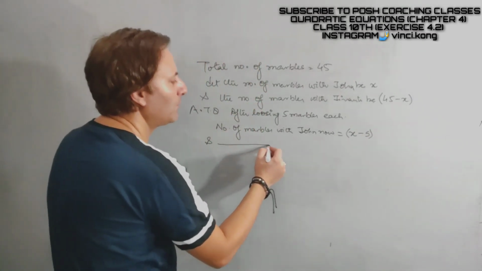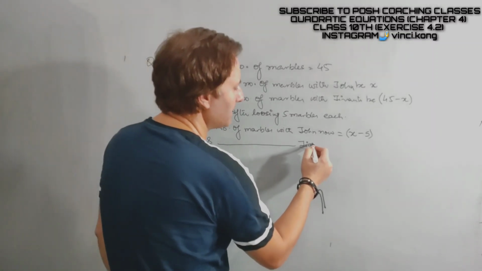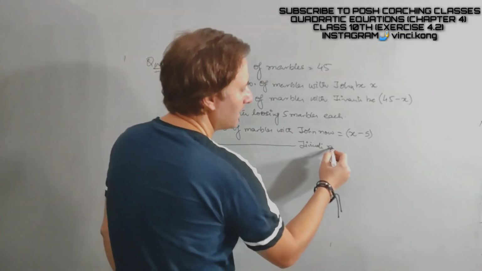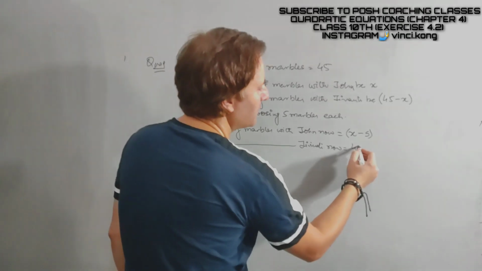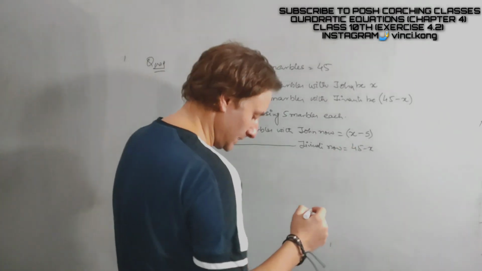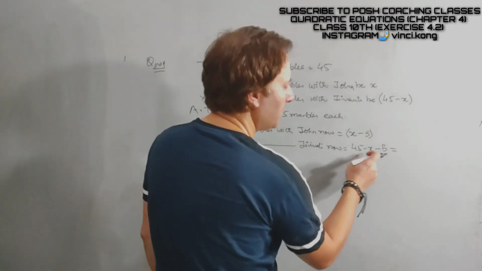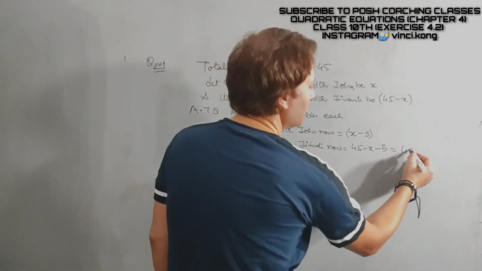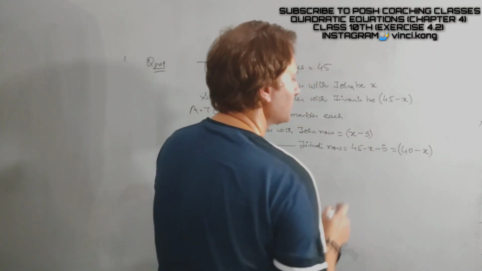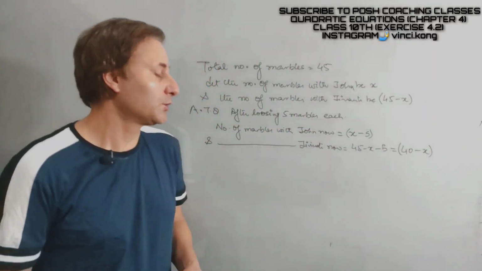And the number of marbles with Giovanni now: she had 45 minus X marbles, and she also lost 5 marbles. Now what do we have? 45 minus 5 is 40 minus X. So these are the expressions.